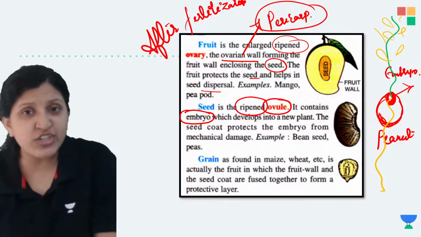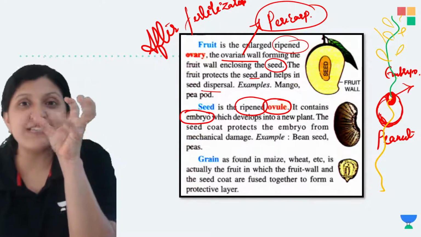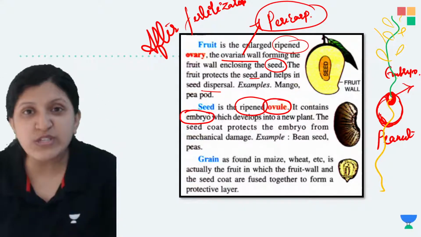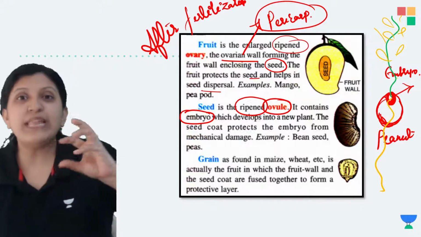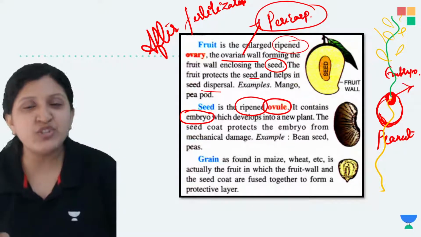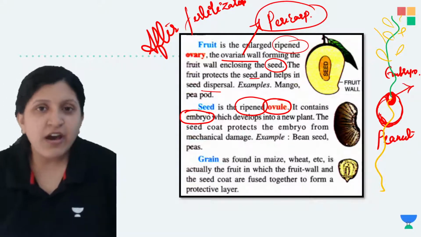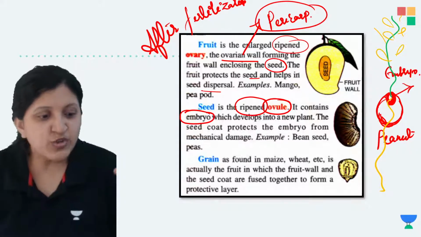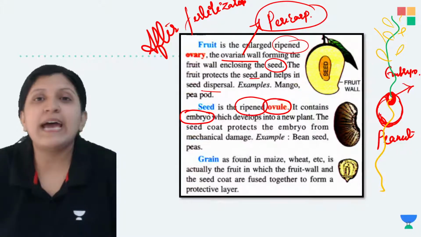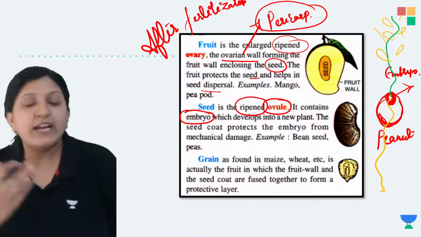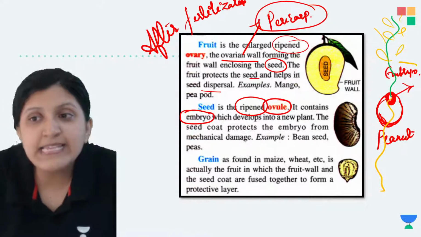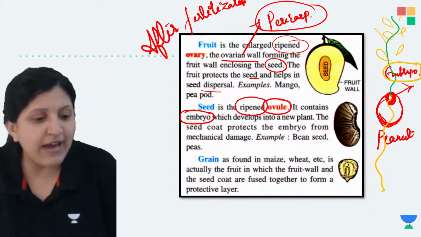Even if pollination is not occurring, they'll have a cleistogamous flower, that is a closed flower. With that closed flower, they'll anyway make sure that the seed set is formed, that is, the seed is being formed. That is how they make sure there is seed formation, and they'll continue the generation as they'll have an embryo.